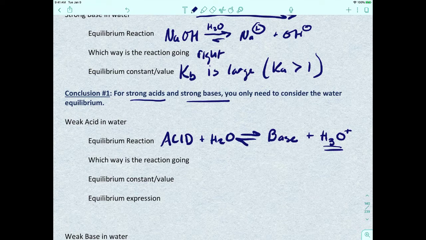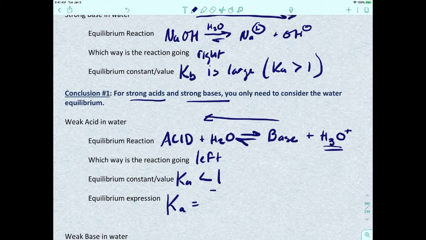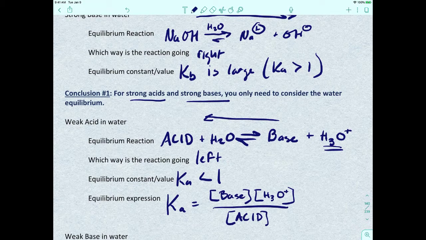In this reaction, which way is equilibrium going? It's actually going to the left, so the Ka value is definitely going to be less than 1. It's definitely going to be low. The equilibrium expression for this Ka would be the concentration of your conjugate base times the concentration of H3O+ divided by the concentration of the initial acid.